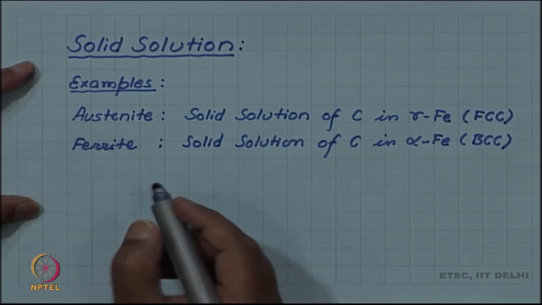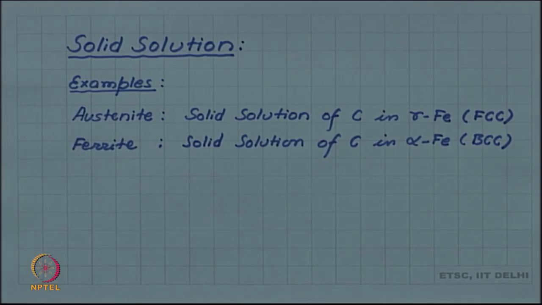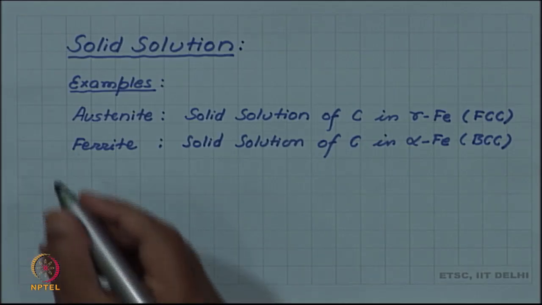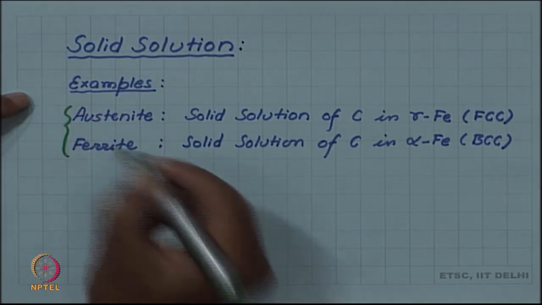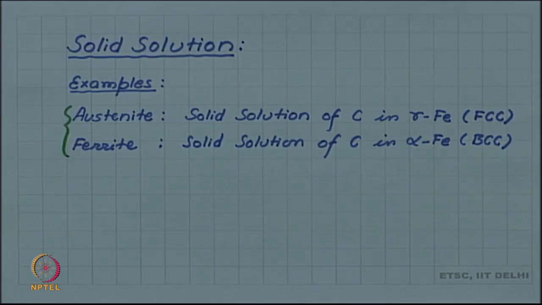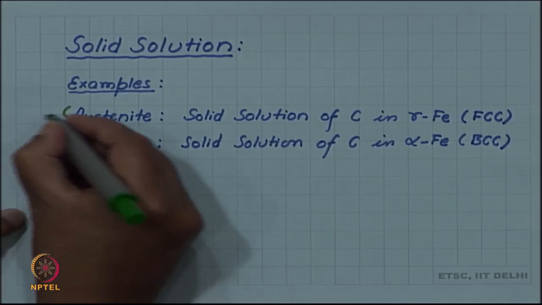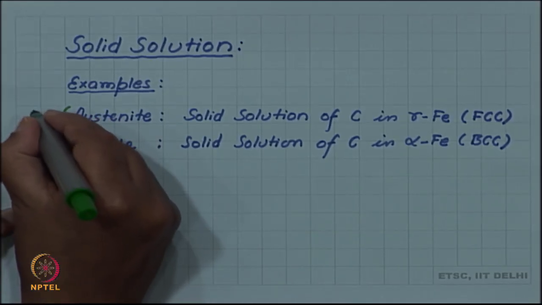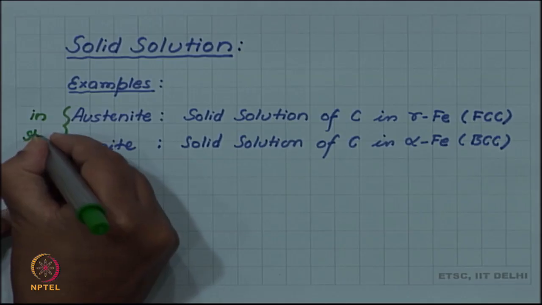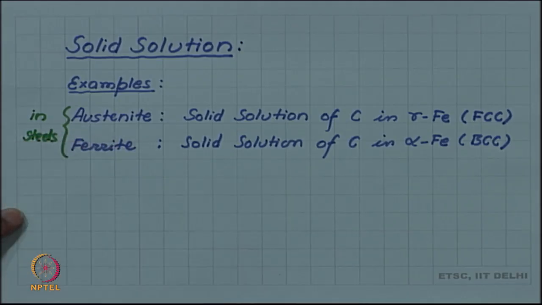Both of these phases are very important in the structure of a steel. We will discuss steels at some point in this course, and when we discuss this, we will meet these phases again in steels.